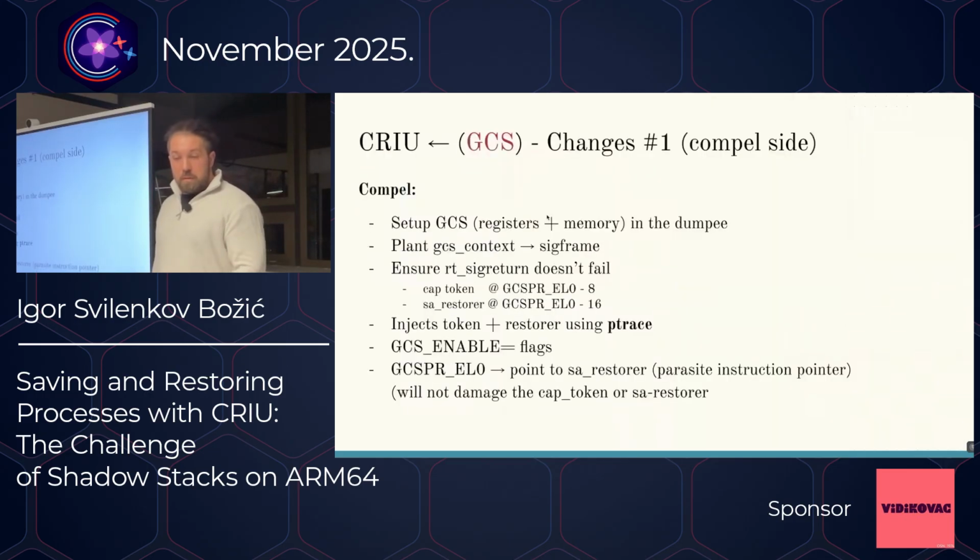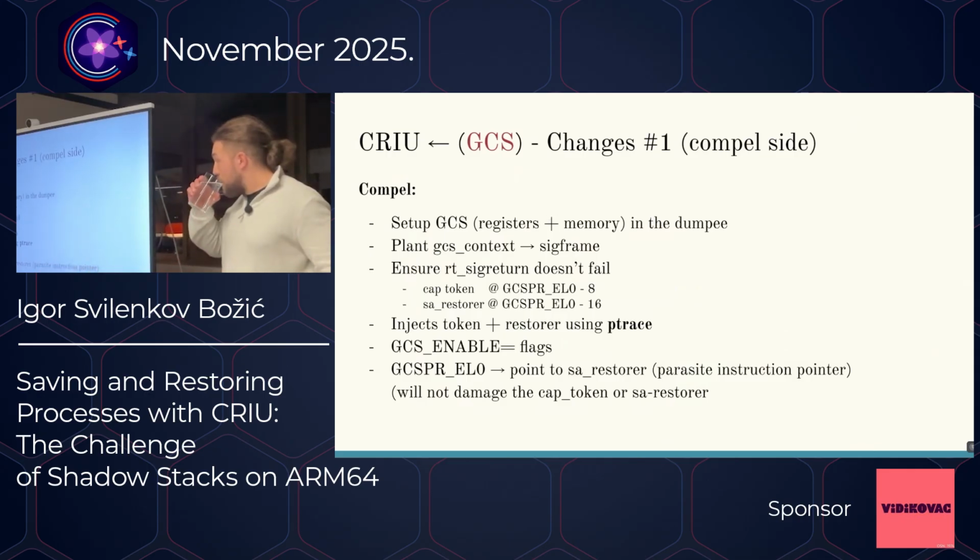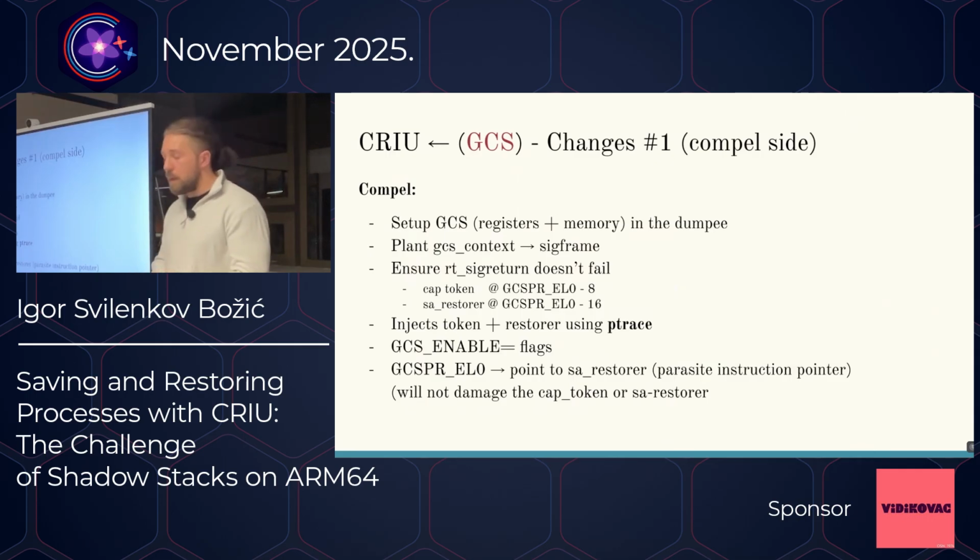All right. The first set of changes involved, because initially, you maybe remember with the ptrace thing and seizing the process, you need to update the registers of the process. And now, since we have GCS, this also has to be adjusted if GCS is enabled on that process.